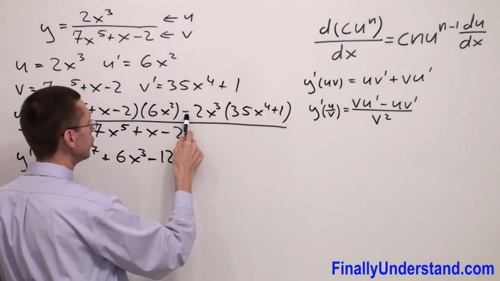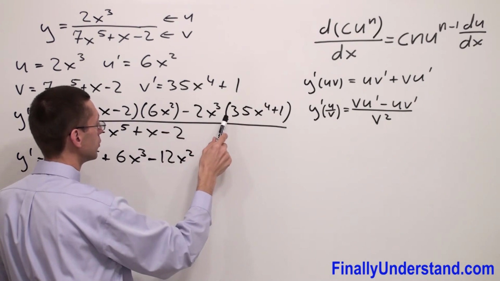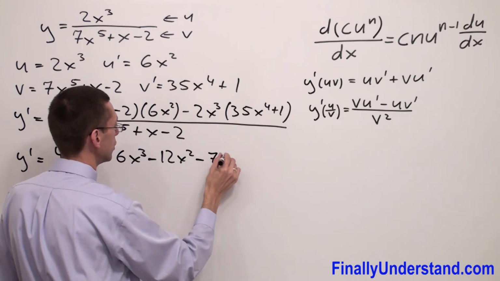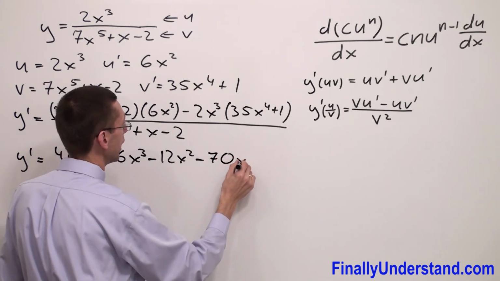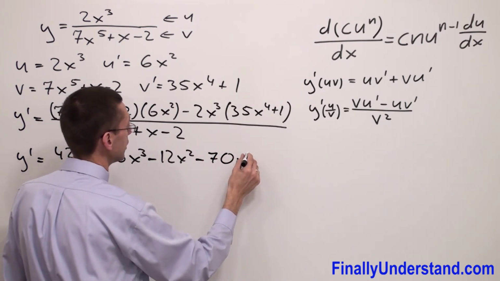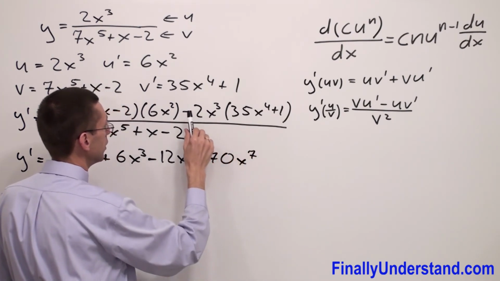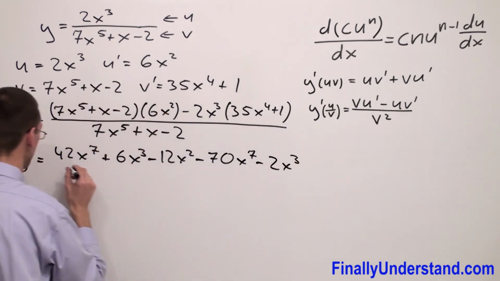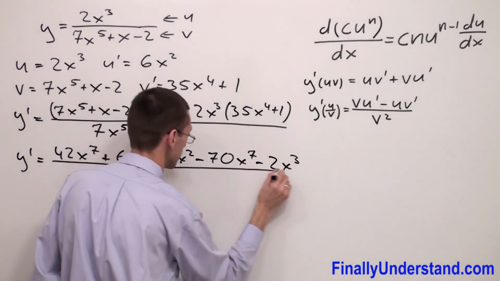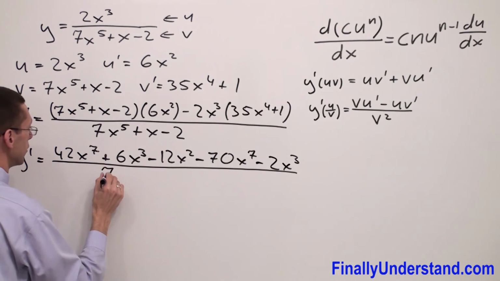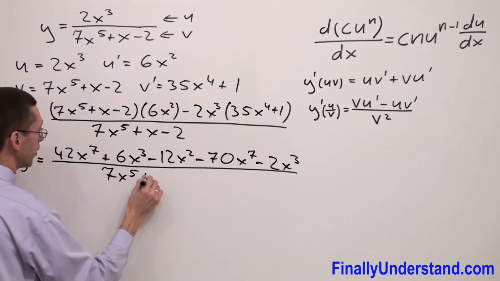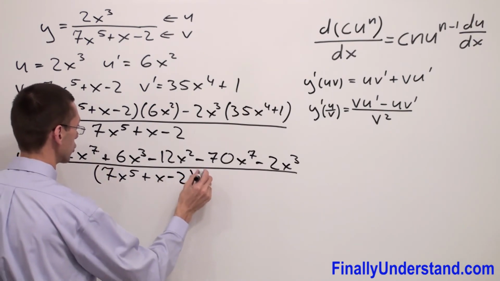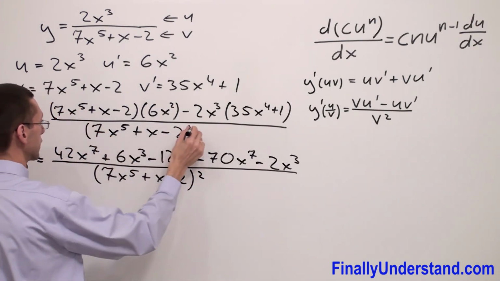I have minus 2x cubed times 35x to the fourth, which is minus 70x to the 7, minus 2x cubed. Everything over 7x to the fifth plus x minus 2 raised to the second power. Of course, we're supposed to raise this one to the second power.